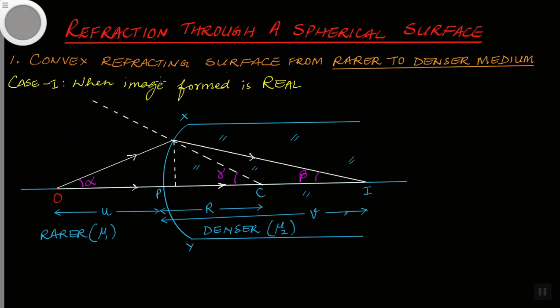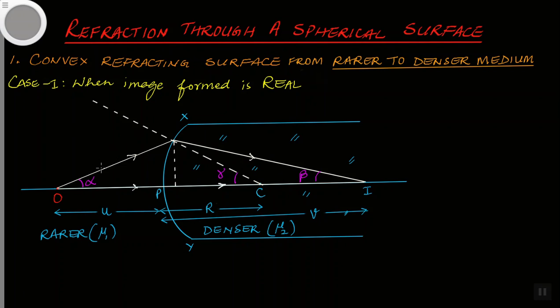The region surrounding it, that is the rarer medium, has a refractive index mu1. This denser medium may be made of glass, and the rarer medium may be air, or water, or any other medium which is rarer than this. Not necessarily that this will always be glass and this will always be air.